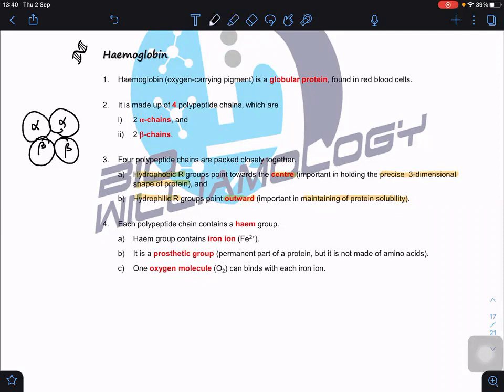And each polypeptide chain contains a heme group at the center. This heme group is called a prosthetic group. So what does prosthetic group mean? A prosthetic group is a permanent part of a protein, but it is not made of amino acids. It is a non-protein structure that attaches to the protein so that it enhances the function of the protein.